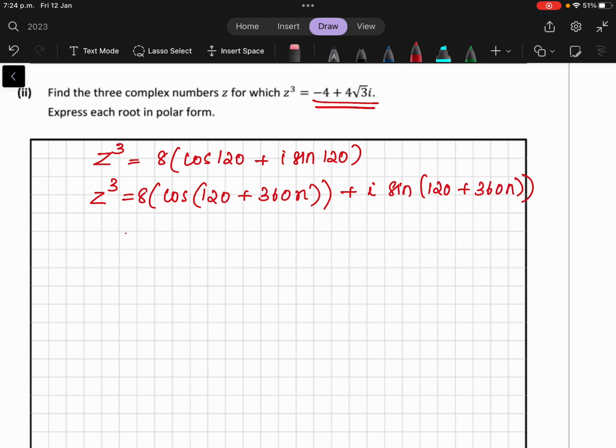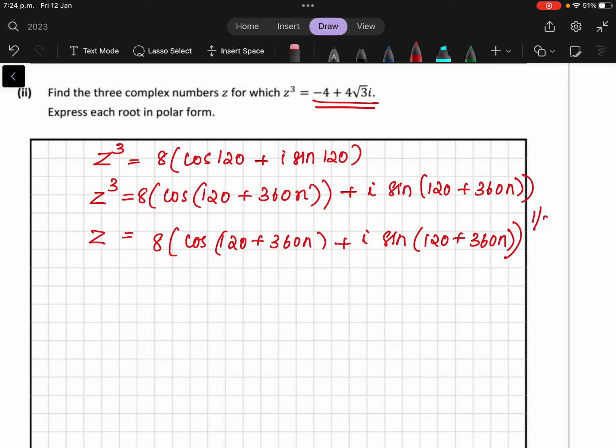Then you will find z. How will you find z? This is 8 times cos of 120 plus 360n plus i sine of 120 plus 360n, bracket closed, to the power of 1 over 3. The first thing is you need to include this 360n. The second is you need to include 1 over 3 because there's a cube here. Then you simplify it.